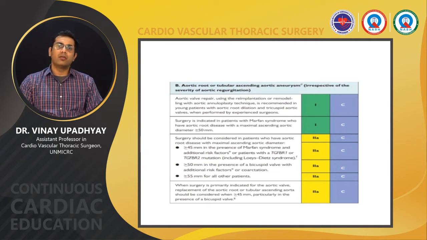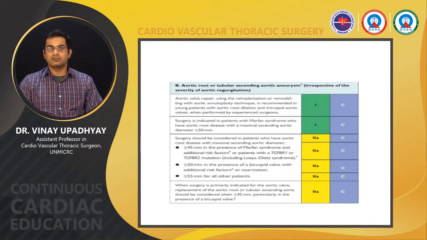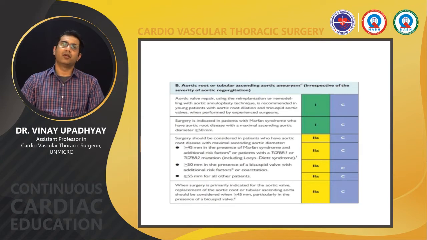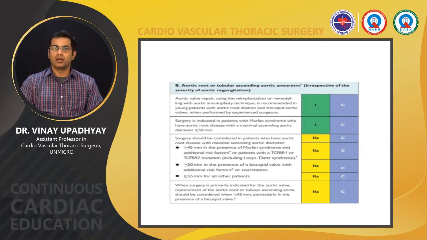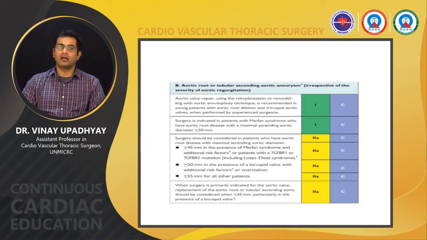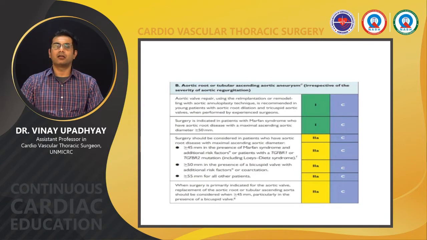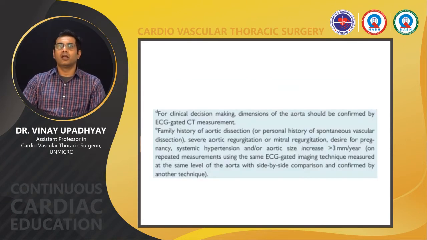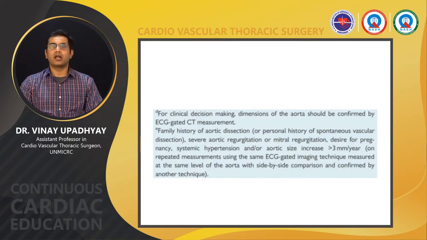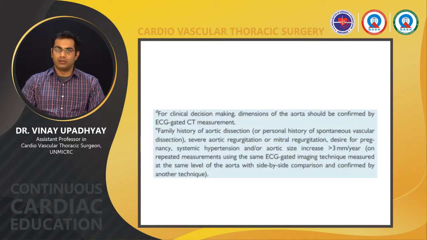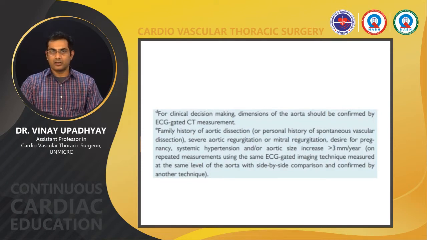In case of bicuspid aortic valve, the cutoff is greater than 50 mm, and in all other patients it is greater than 55 mm. The preferred approach is aortic valve sparing surgery whenever possible. If not possible, go for the standard Bentall procedure. For clinical decision making, the dimension of the aorta should be confirmed by ECG-gated CT measurement.